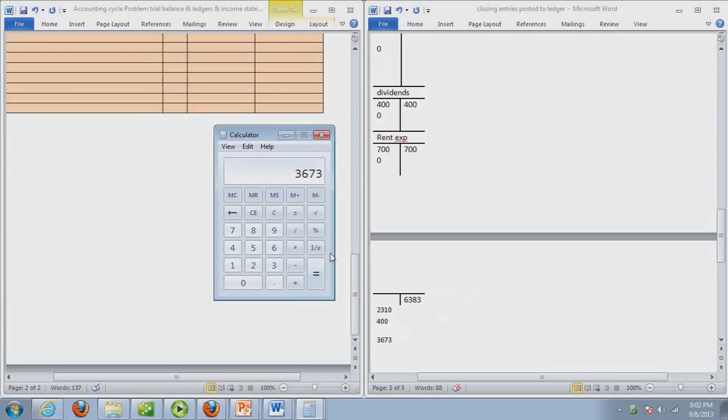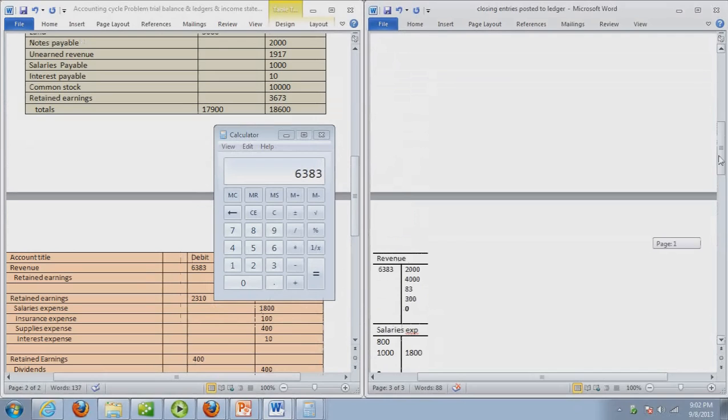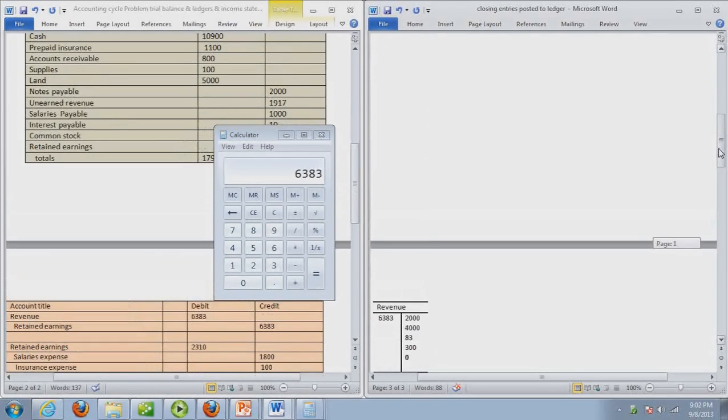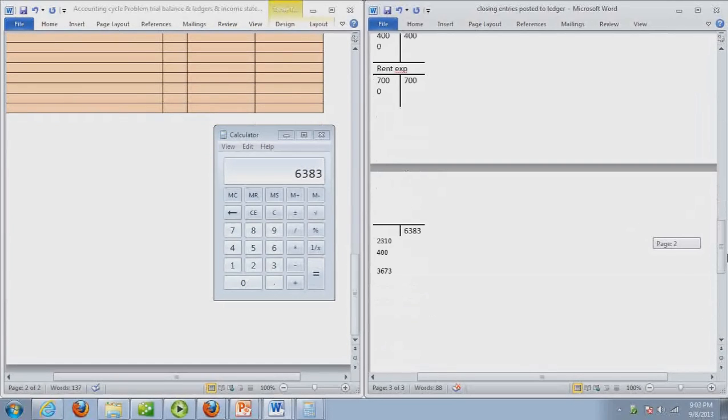I got 3673. All right, 6383, and that's what we saw up here, wasn't it? Maybe I just typed it in wrong. Less 2310.